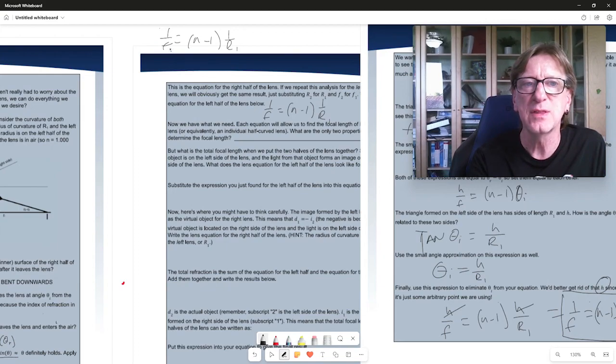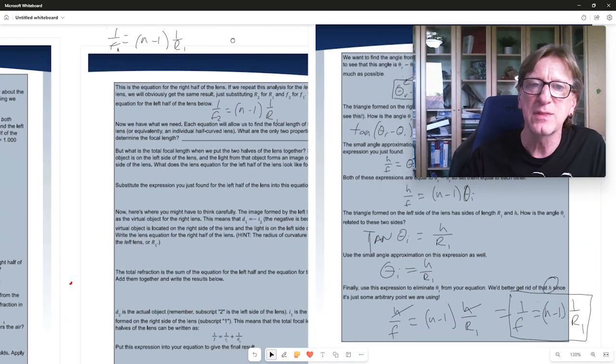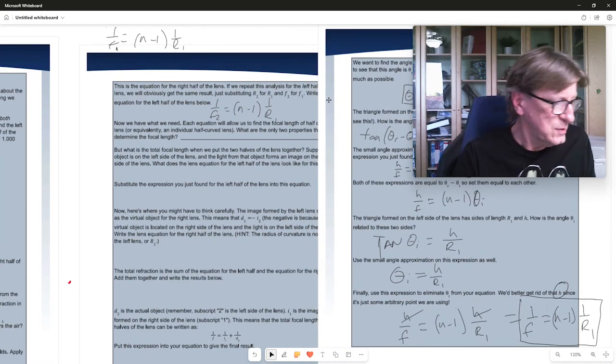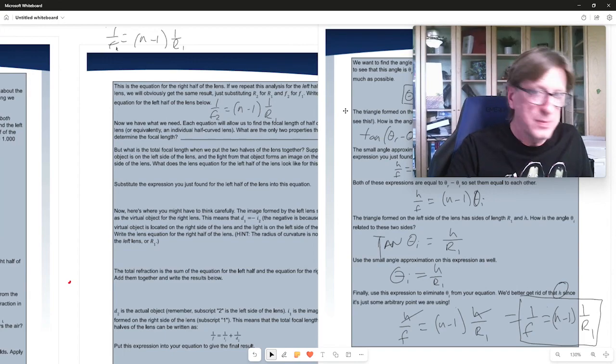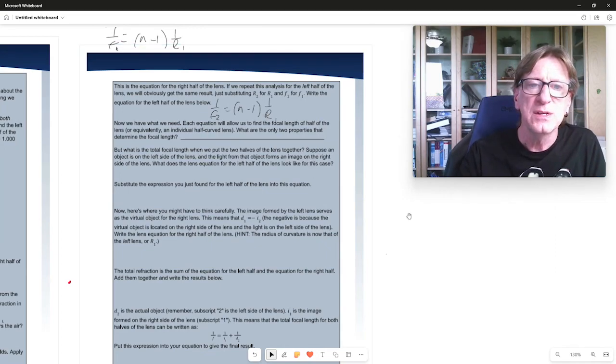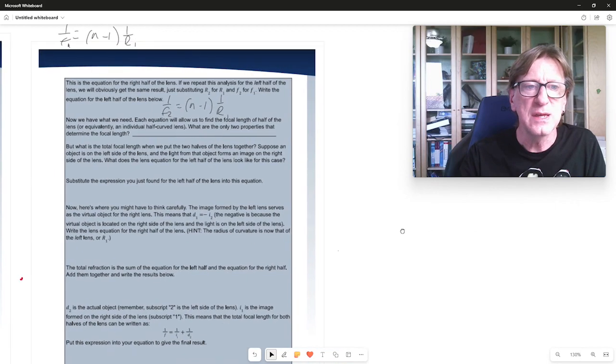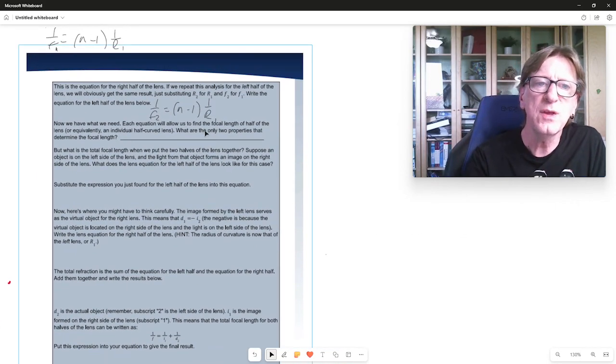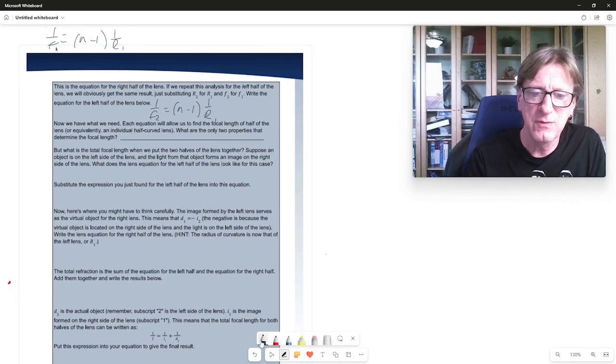That's the focal length of our first lens. This is the focal length of our second lens. Okay? So each equation will allow us to find the focal length of that particular half of the lens. So we're going to combine those then. Let's go ahead and rewrite what we've got here.